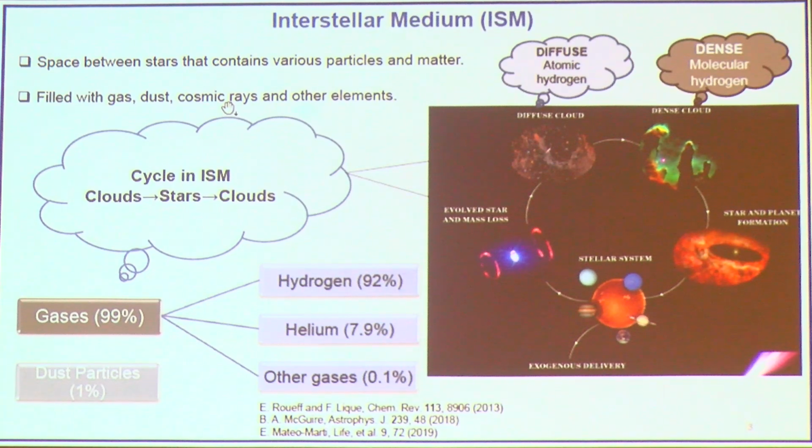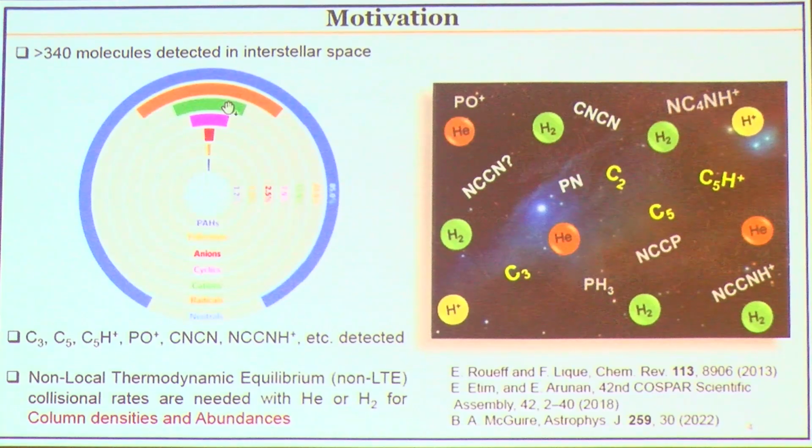So we calculate the rate coefficients, and then finally from that we get the abundance ratios. That's the ultimate aim, to see how much is present or how long it will exist.